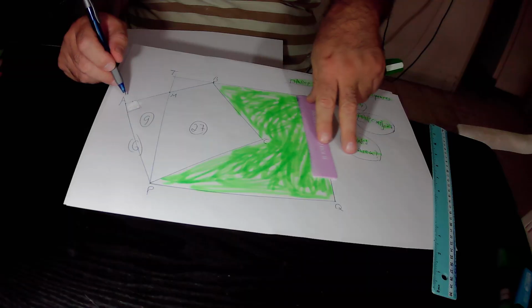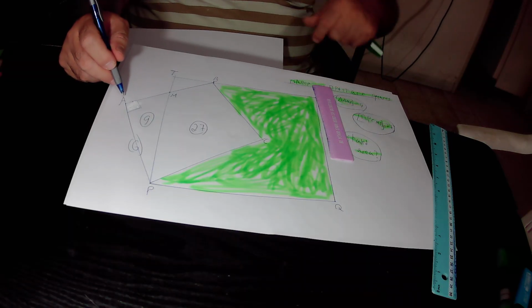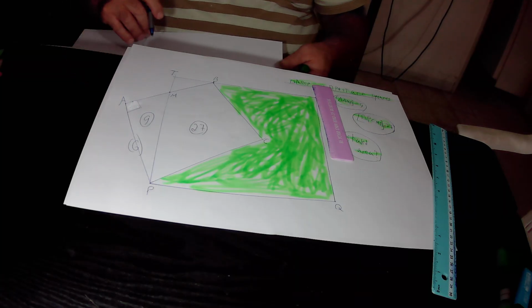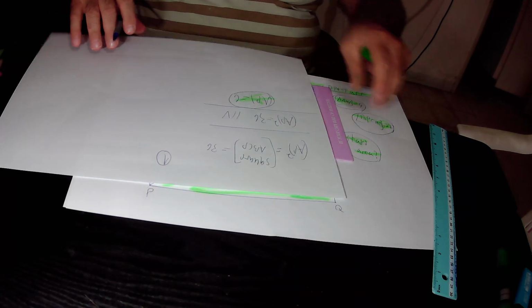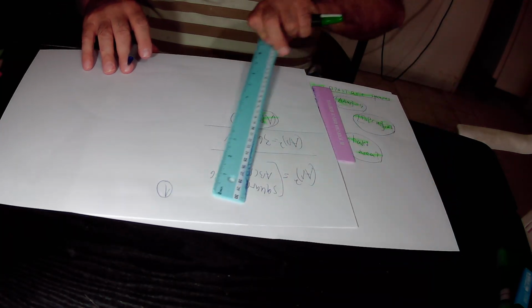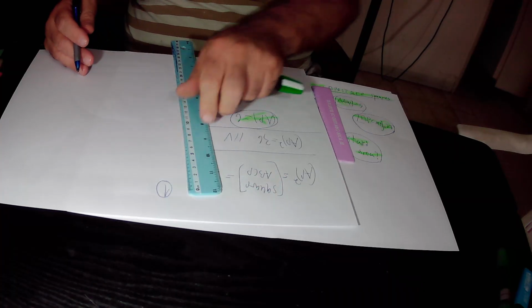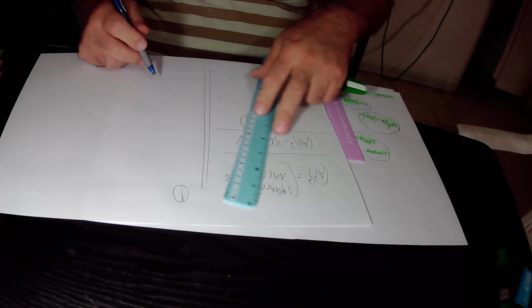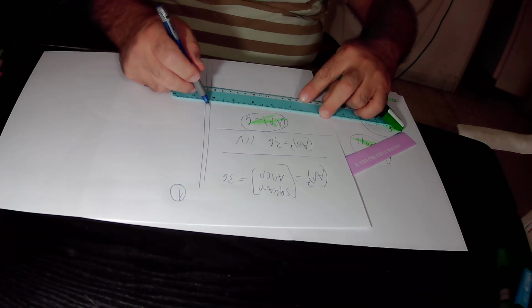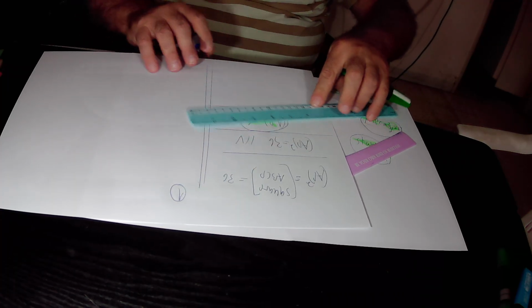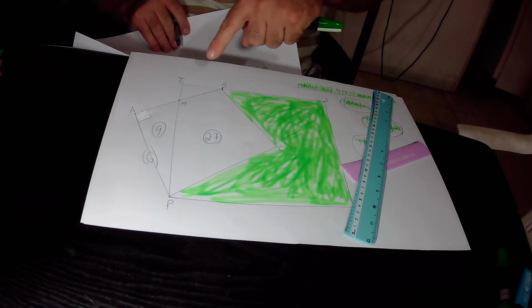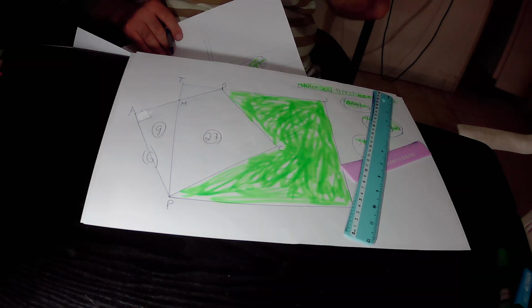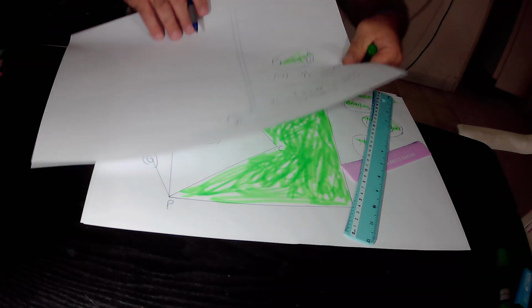It's given in the question that the area of this right triangle AMP is equal to 9 square units in its size. So the area of this triangle AMP on one side is equal to 9 square units.